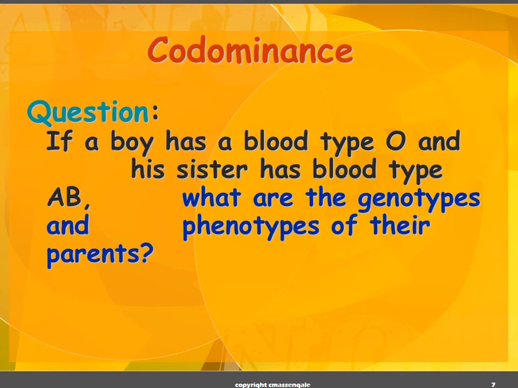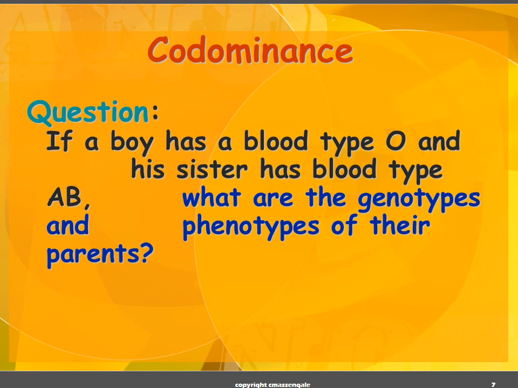Right, so here is a question. If a boy has a blood type which is O and his sister has blood type AB, what do you think the genotypes and the phenotypes of their parents will be? Now what you should do is you should pause the presentation at this point and try and work it out.